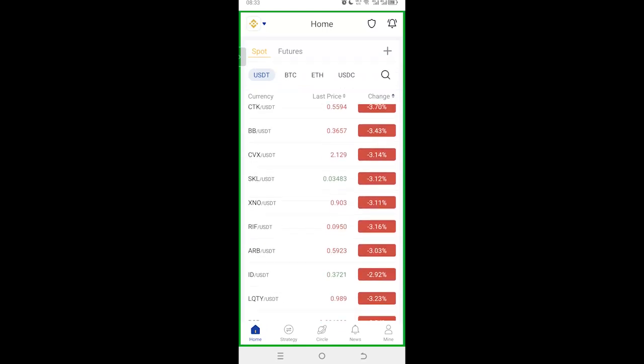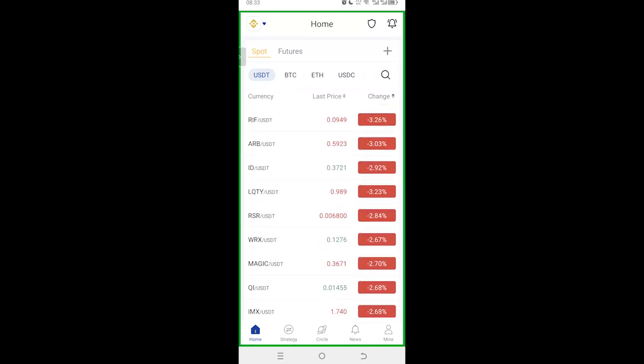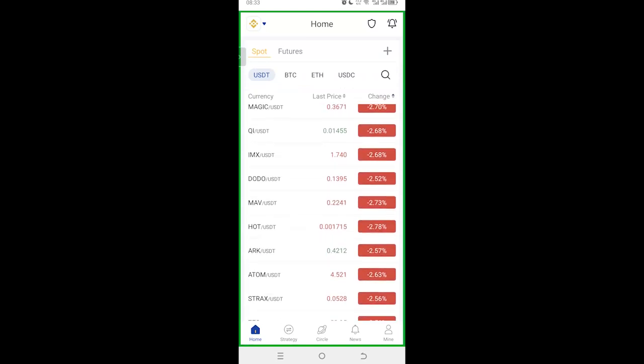What do I mean by low volatility and high volatility? I mean that some coins go up quickly and drop down quickly. Some coins have the ability to rise up with good percentage and also the ability to drop with good percentage.